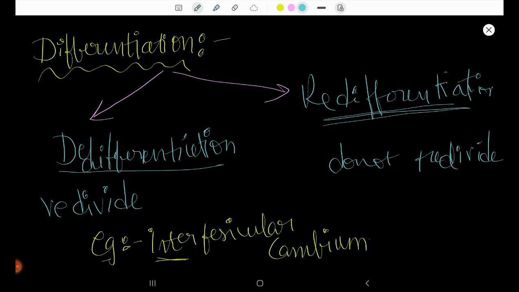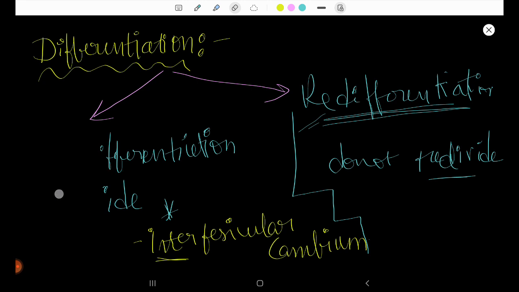They are allowed to perform their own separate functions. Therefore they are called redifferentiating cells. They do not possess the ability to redivide. That's the difference between redifferentiation and dedifferentiation. Remember the example for dedifferentiation, it's very important.